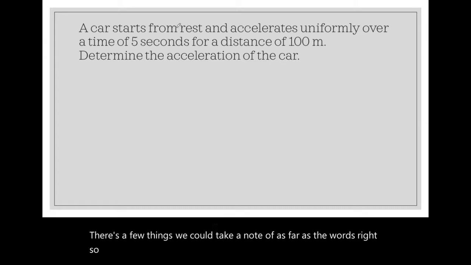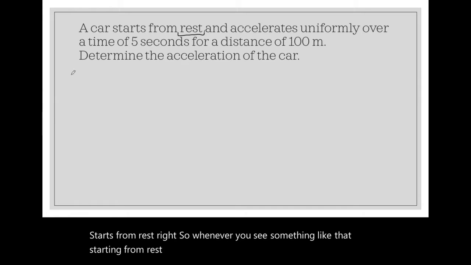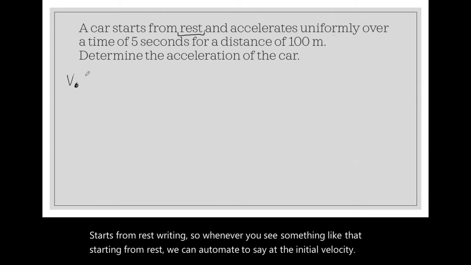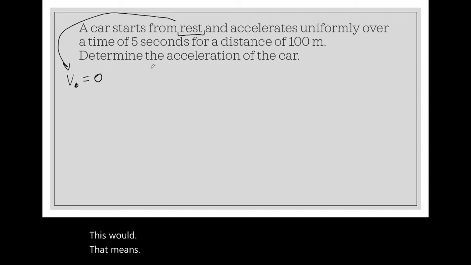So first, we see the car starts from rest. Whenever you see something like that, starting from rest, we can automatically say the initial velocity is equal to 0. That's what that means.